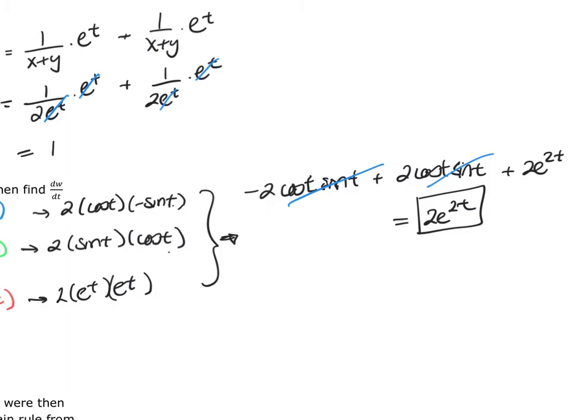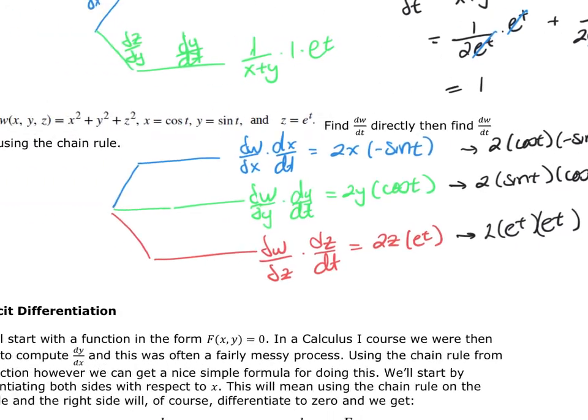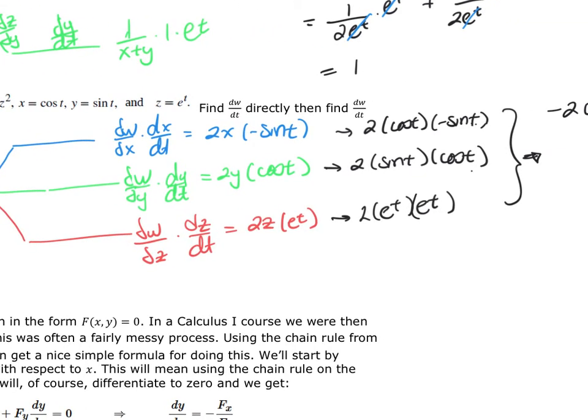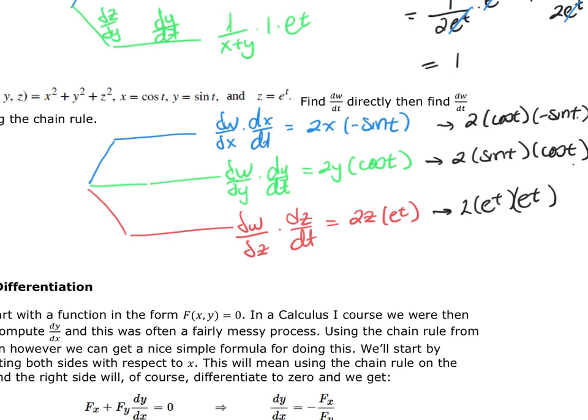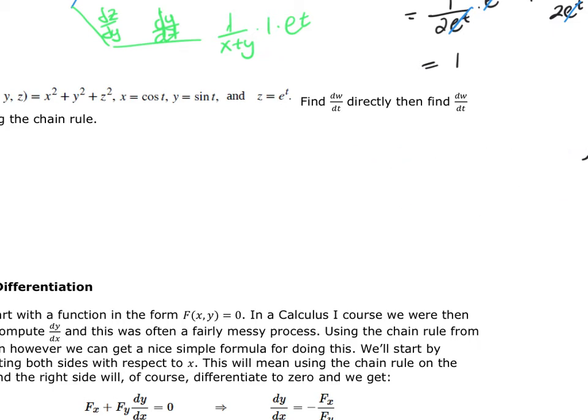Now it's also asking me to find it directly and then find it using the chain rule. Well, I did it with the chain rule first because I was already there. So let's do the direct substitution. Let me erase all of this. With the direct substitution, I'm going to substitute right out of the gate.